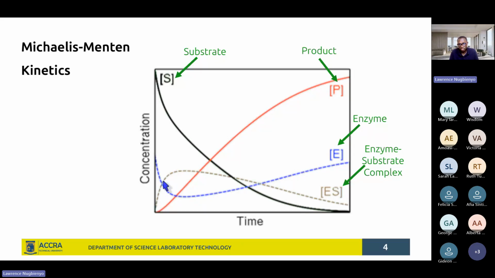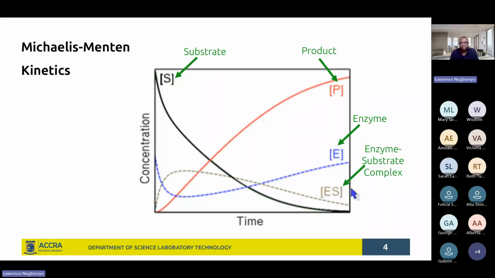It increases in concentration all the way and then comes down. Of course, the enzyme substrate complex also goes to transition states and gets converted to a product. So in the end, all the enzyme substrate complex will get consumed out of the system, so you will no longer have any enzyme substrate complex there.